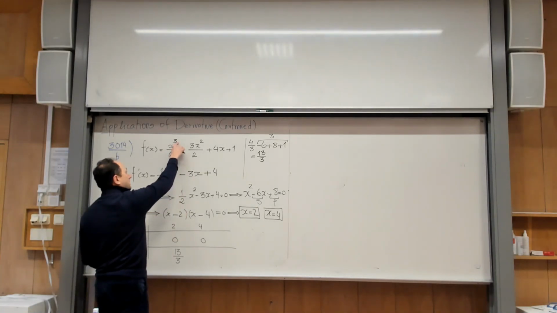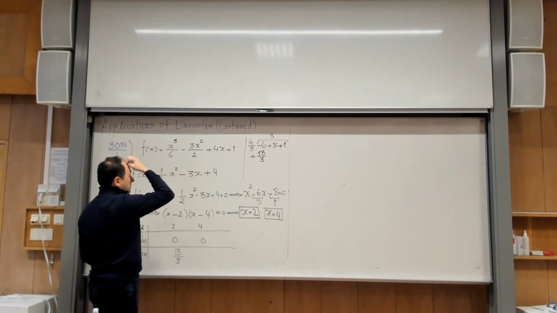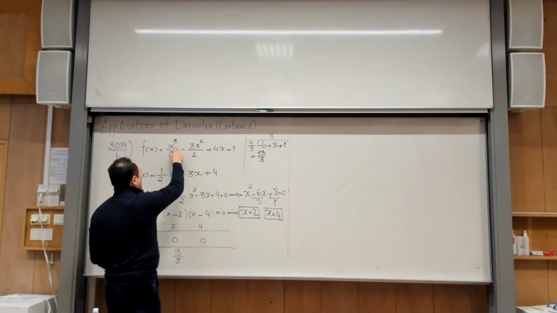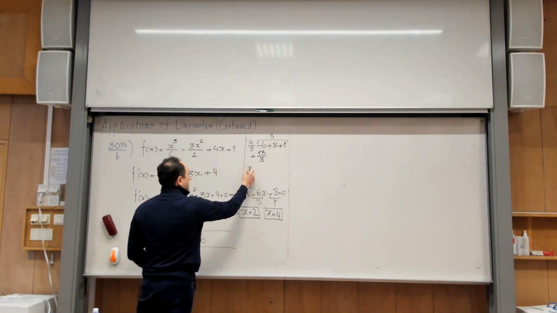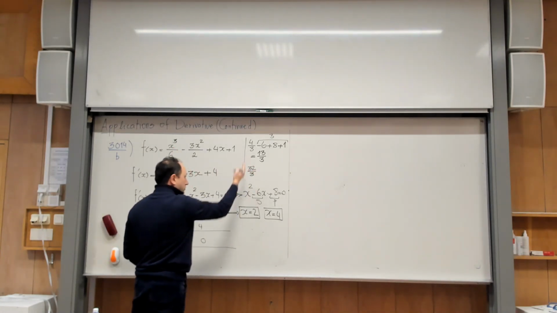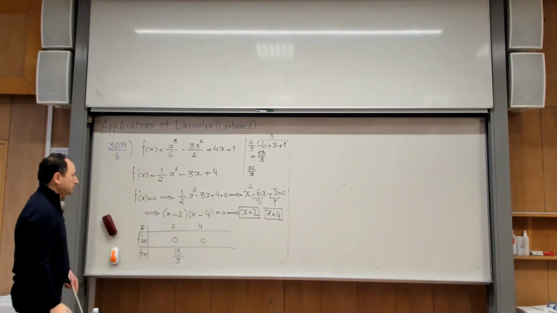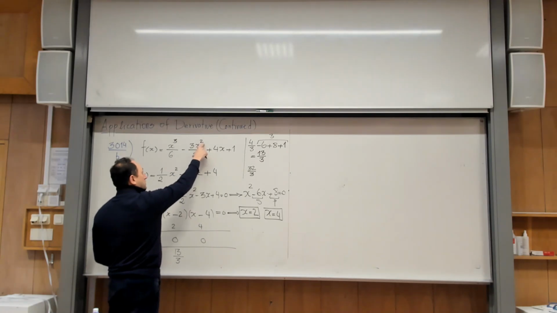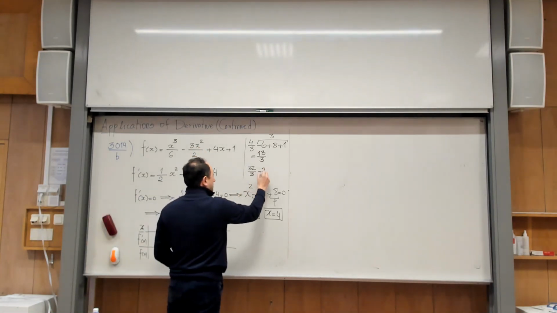4 to the 3 is 64 divided by 6, which is how much? 64 divided by 6, it is 32 divided by 3, if you simplify. And then I put 4 here as well. It becomes 16 divided by 2, 8. 8 times 3, 24.